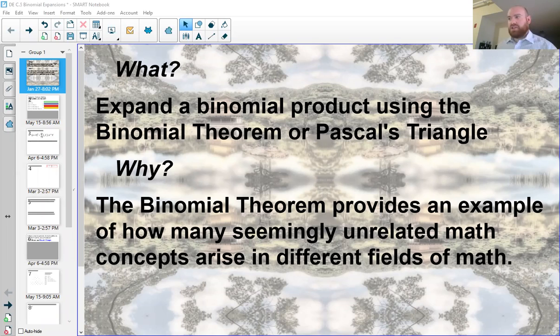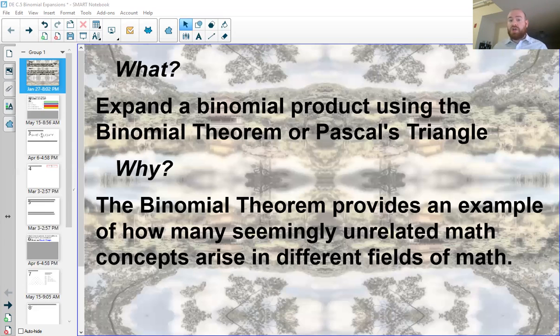The why underlying this is that the binomial theorem provides an example of how many seemingly unrelated math concepts arise in different fields of math. We often think of math as being one nebulous field of really challenging things, but math is actually many smaller subfields like geometry, algebra, calculus and topology, number theory, geometric topology, algebraic geometry.